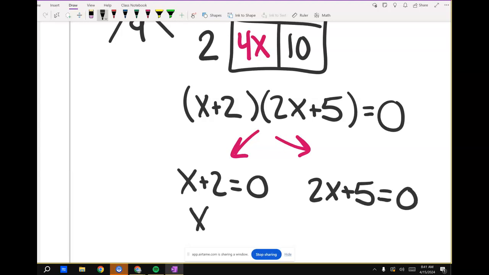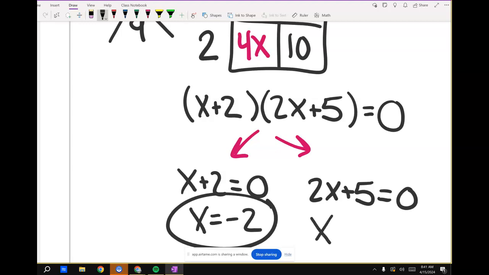So my answers would be x is equal to negative 2. There, we got it now. And x would be equal to negative 5 over 2. So by subtracting 5 and dividing by 2. So again, this is just a new thing we're doing, adding a skill we already know.